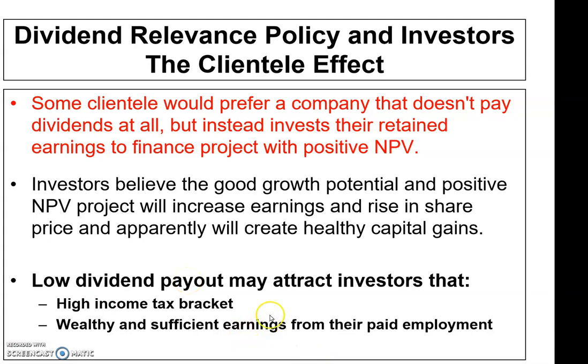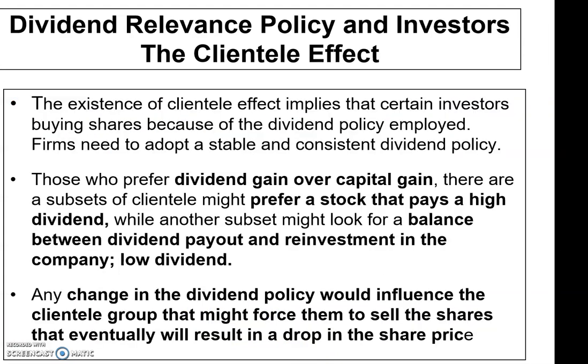So the existence of the clientele effect implies that certain investors buy shares because of the dividend policy employed. So firms need to adopt a stable and consistent dividend policy.